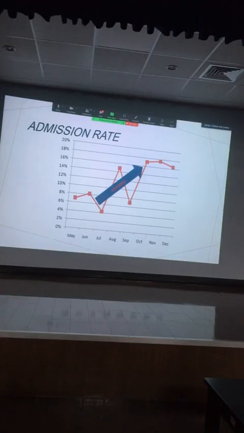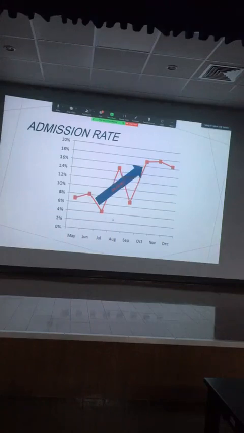Based on that data, we started measuring the admission rate. We found that the admission rate was 5% or 6%, which is very low for any hospital. So we started designing small interventions. One of them was to change the process of admission. Another was to follow up on each case, whether it was appropriately managed or not. And then you could see the impact.